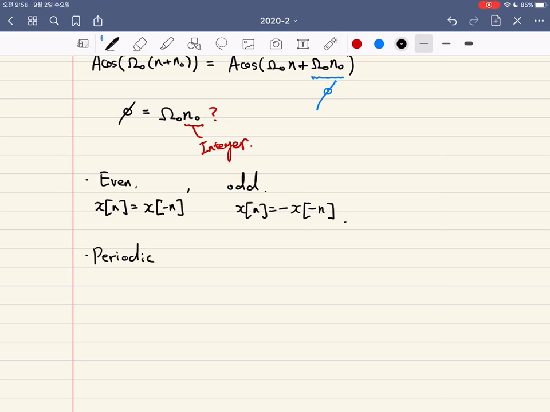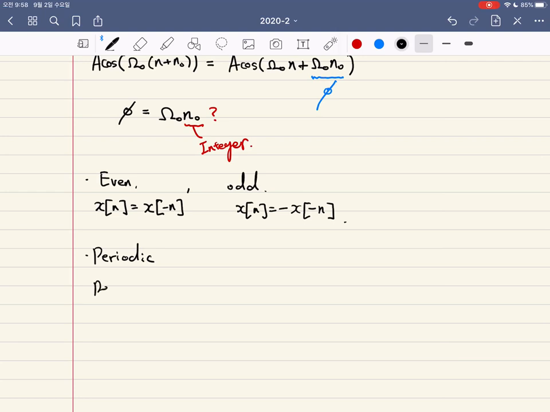In continuous time, every sinusoidal function is periodic, but in discrete time, it is not. So we will begin with the definition, which is the same one as in continuous time.